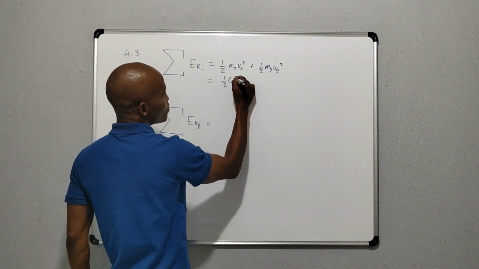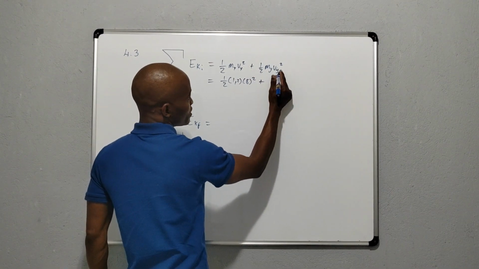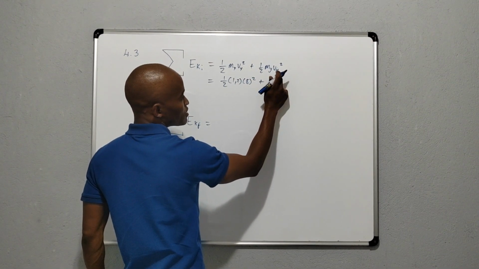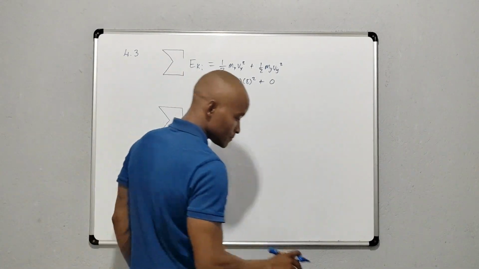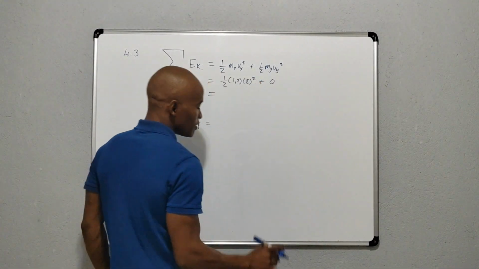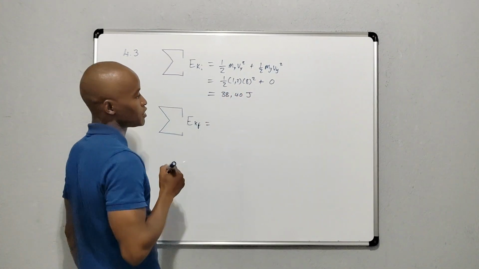Before collision we have half times 1.2 times 8 squared, plus 0 because trolley Y is initially stationary. If you do that, you get 38.40 joules initially.